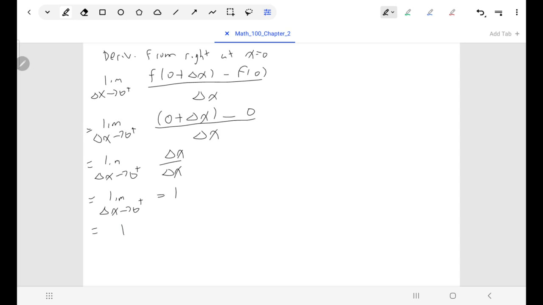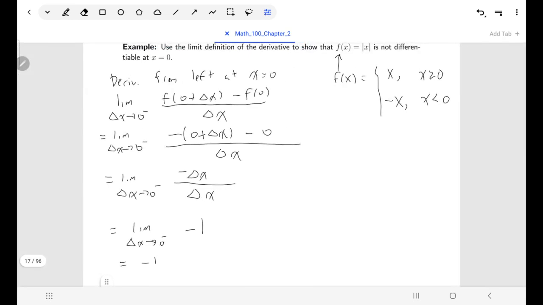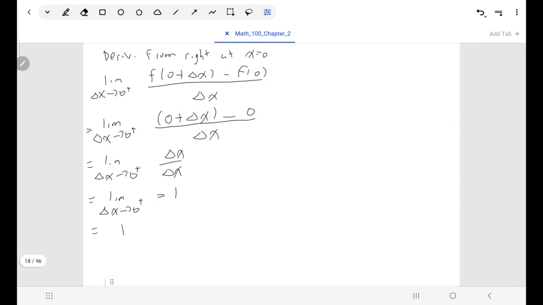And so now I can answer the real question. The real question that we had was for us to show that f of x equals absolute value of x is not differentiable at 0. And the reason it's not differentiable is because the limit from the left and the limit from the right don't agree with each other, which means the limit does not exist.